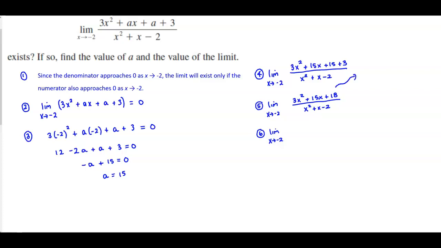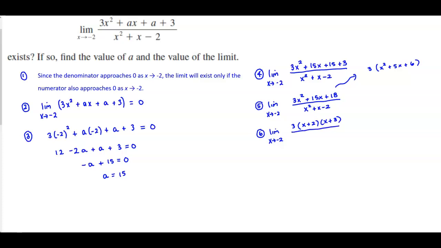If we factor out a 3 here, then we have x squared plus 5x plus 6. So therefore that becomes 3 times x plus 2 times x plus 3.